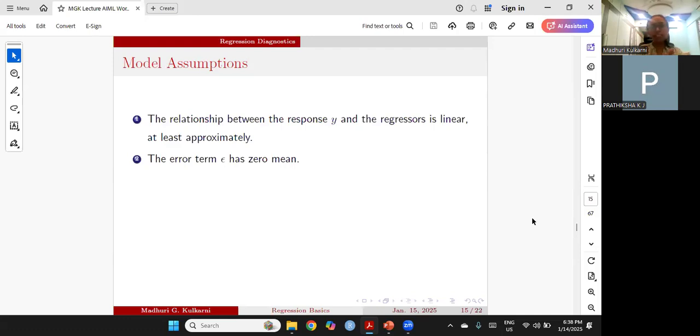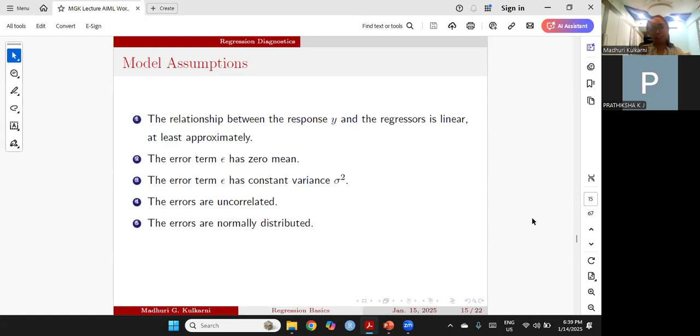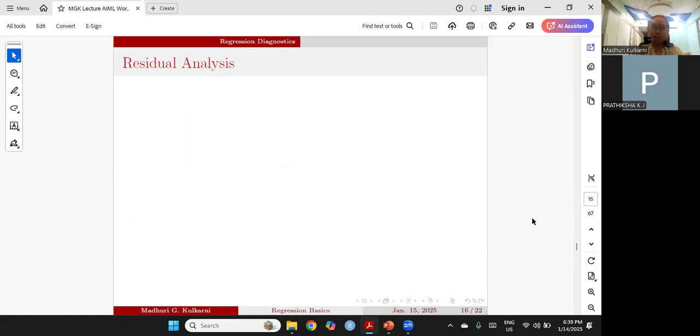The total error committed by the model is zero, meaning if you add all errors together, the sum is 0. The error term has the same variance. The errors are uncorrelated. The errors are normally distributed. All these are standard model related assumptions and can be verified very quickly through graphs.